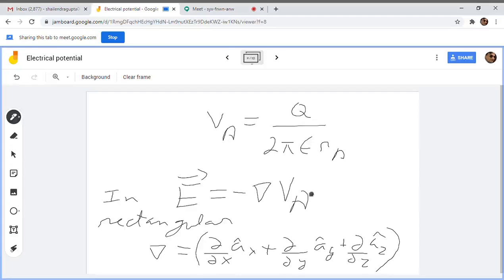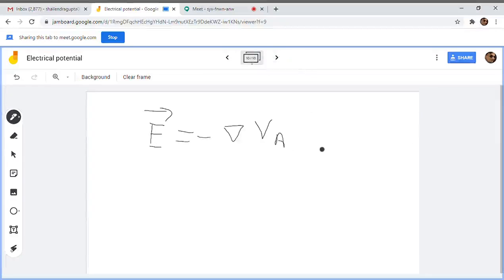Then again this will be differentiated with respect to del by del y. This is partial differentiation. The field is defined in all the coordinates, in all the different parameters, but you are differentiating with respect to only one parameter. That is called partial differentiation. You must have studied that.